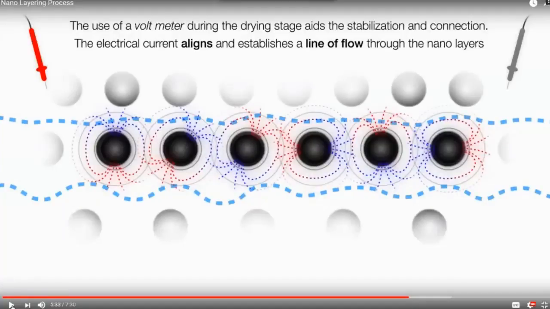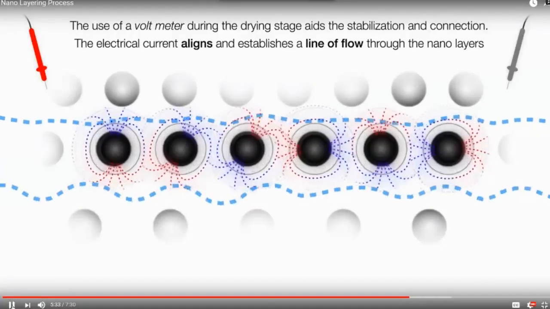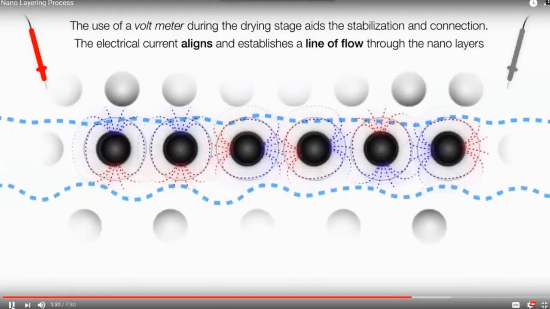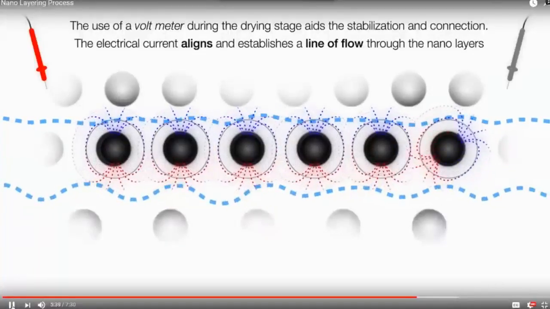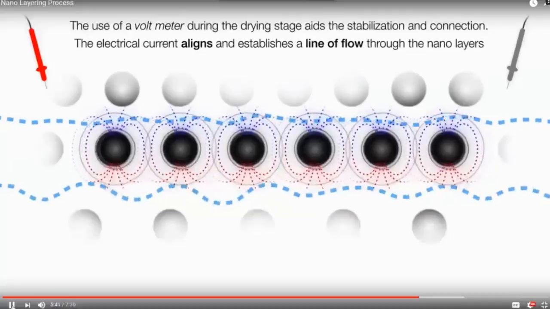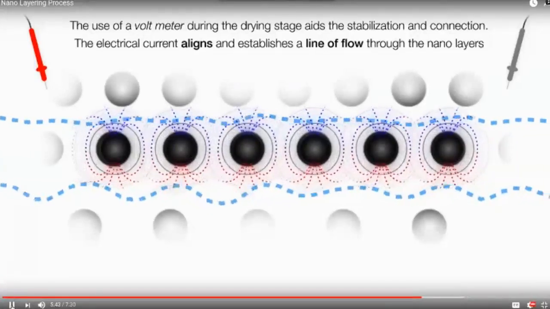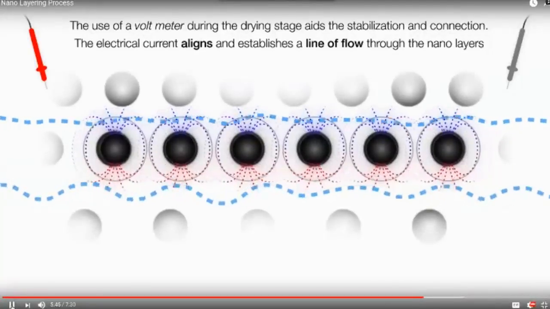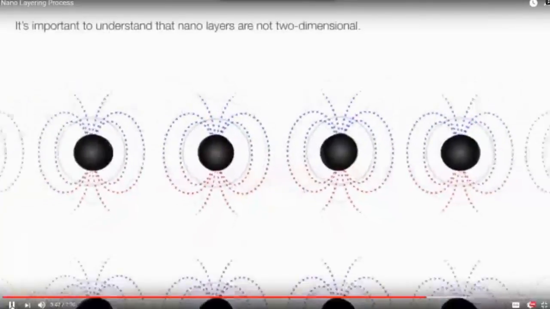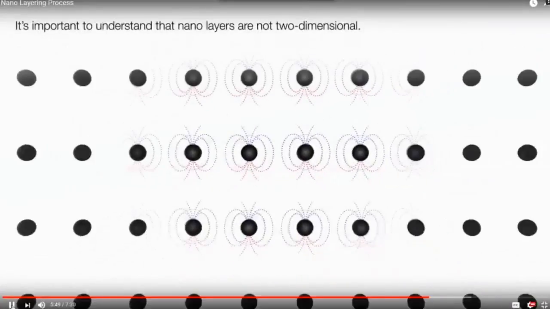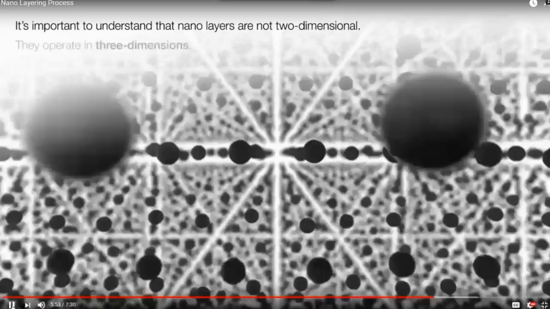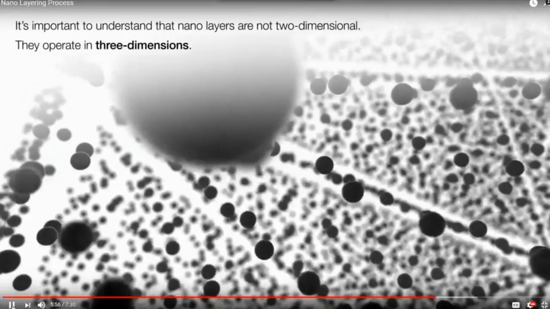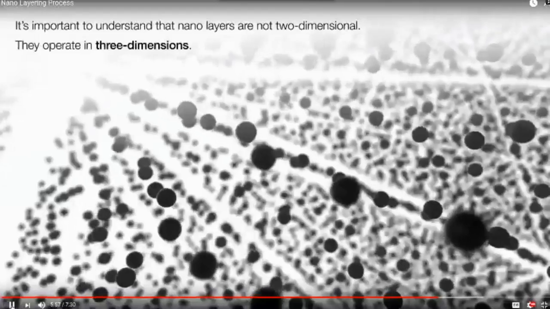The electrical current aligns and establishes a line of flow through the nano layers. It is important to understand that nano layers are not two-dimensional. They operate in 3 dimensions.